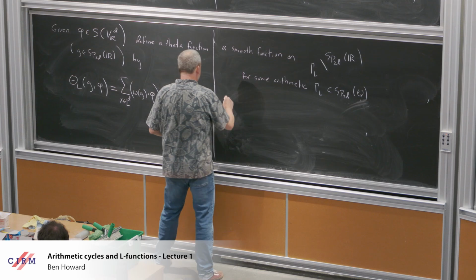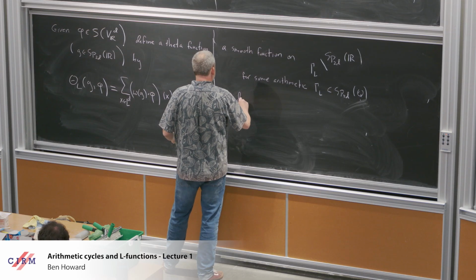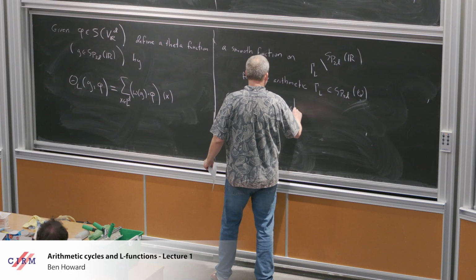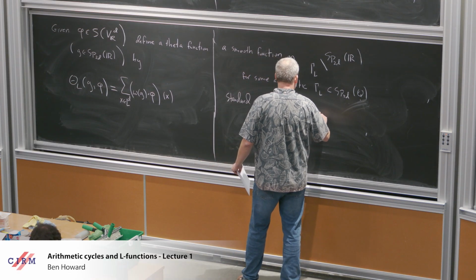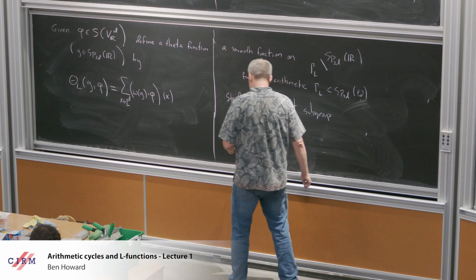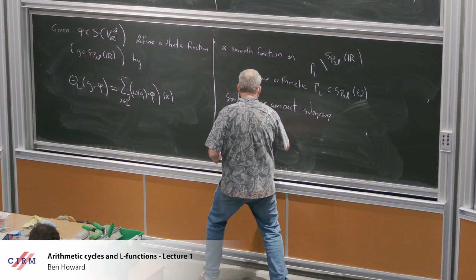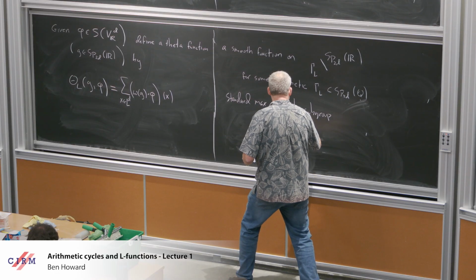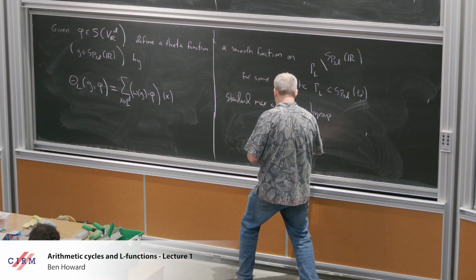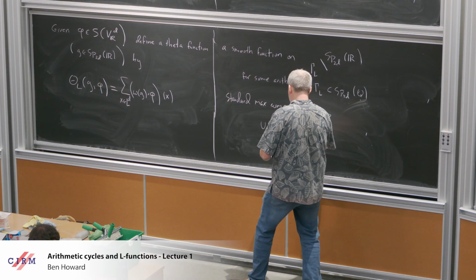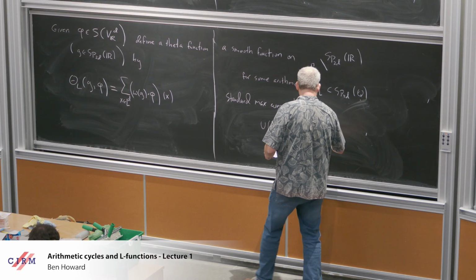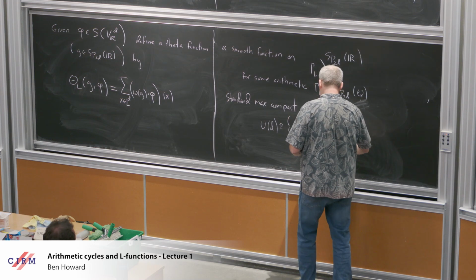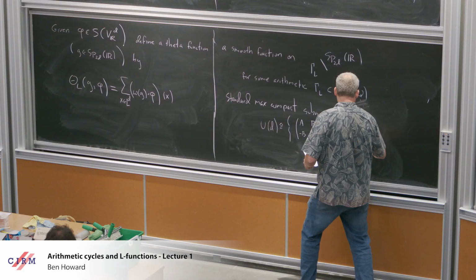inside of the symplectic group, there's the standard maximal compact subgroup, which is a compact unitary group, U of d, which is, okay, you write your symplectic matrices in block form, and you look at those that look like (A, B; minus B, A), such that A plus iB is in the unitary group.